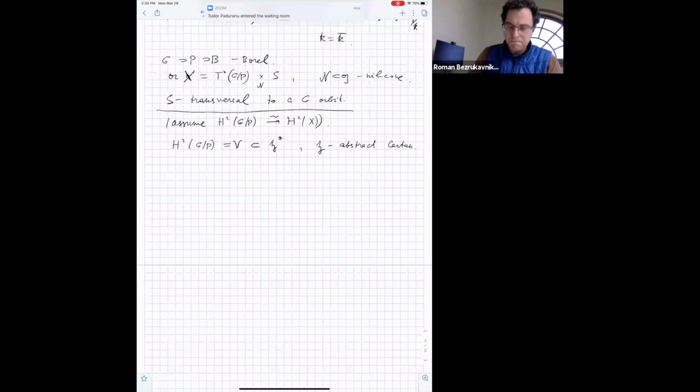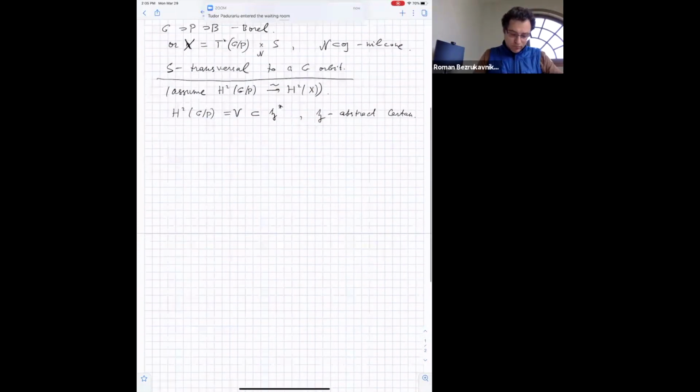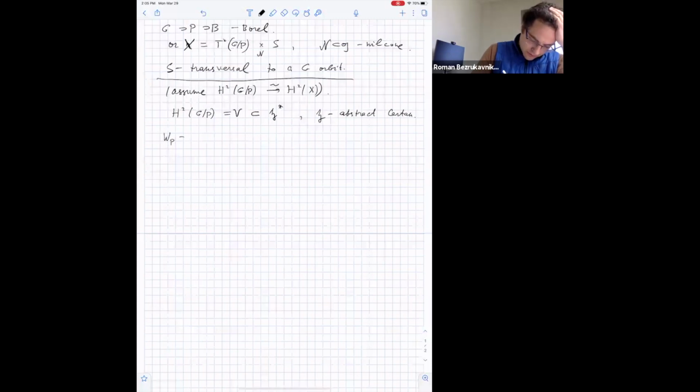So just a few more standard notations. We'll take W_P, the normalizer of the Levi modulo the Levi.